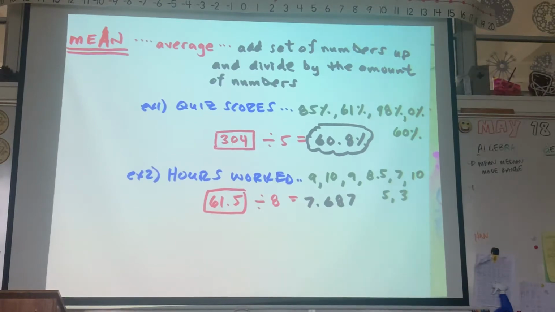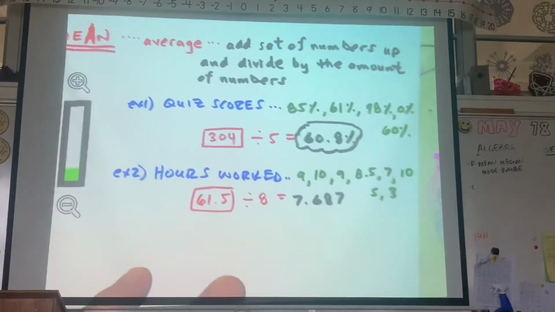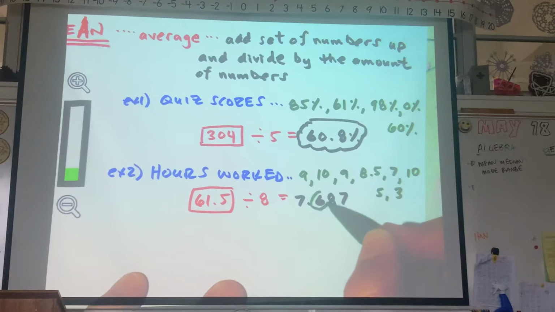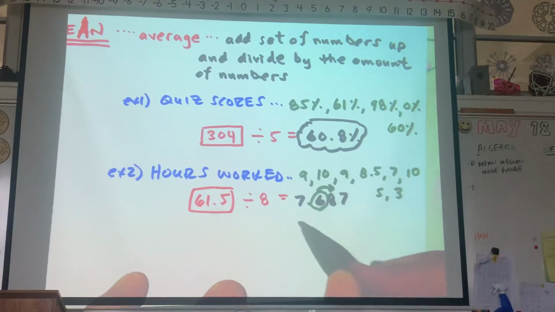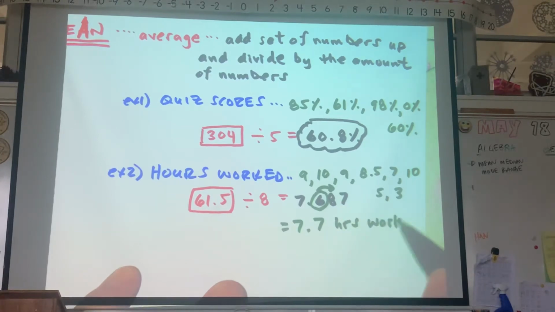We're rounding that to the nearest tenth. That means it's this one right here, the 6. We're looking to the right. It is an 8. That falls into add 1 to that 6 column. 7.7 hours worked. That's your mean hours worked.